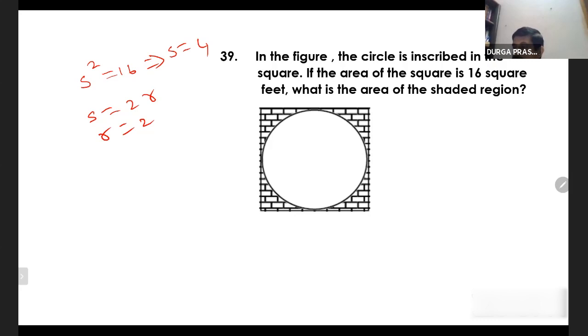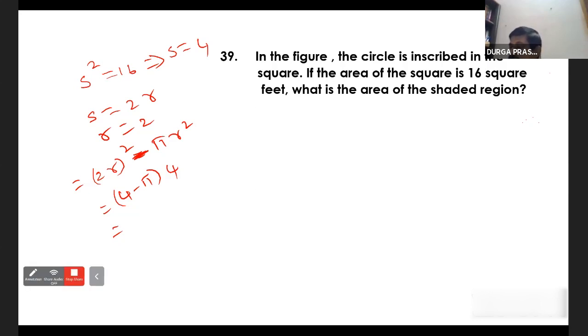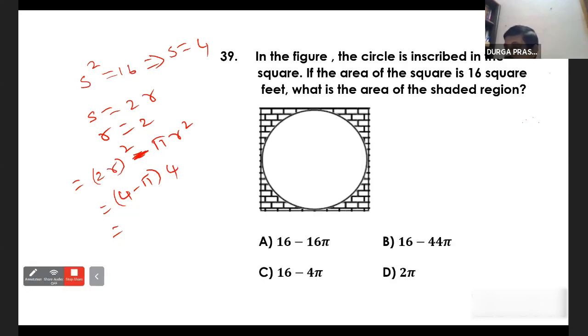So square area is 2R whole square minus pi R square. So if you take 4 minus pi into R square, that is the shaded region area. So is it given in the same format or any other format we should check? So let us see. He gave expanded form 16 minus 4 pi. Option C satisfied. Please note it fast.